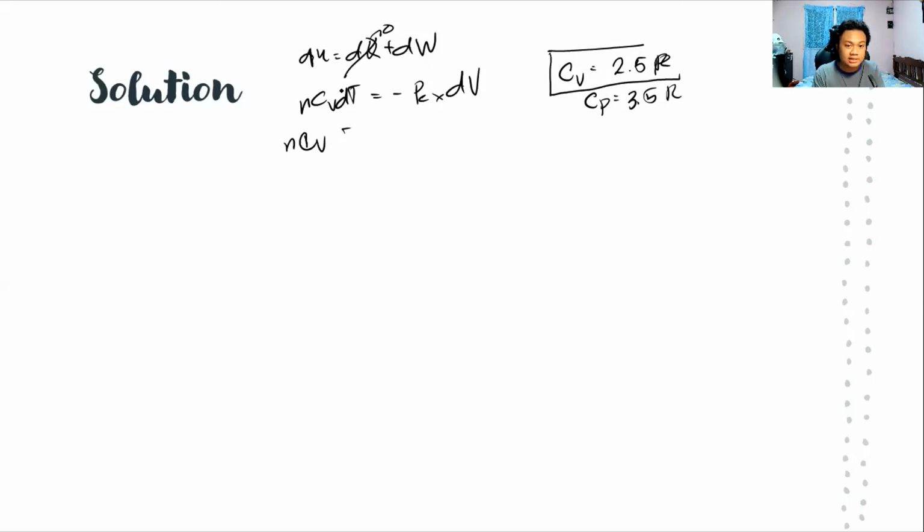Let's integrate this from V1 to V2, and T1 to T2. n Cv (T2 minus T1) is equal to negative P (V2 minus V1). But the volumes are not given to us, so we will make them variable here in our solution.